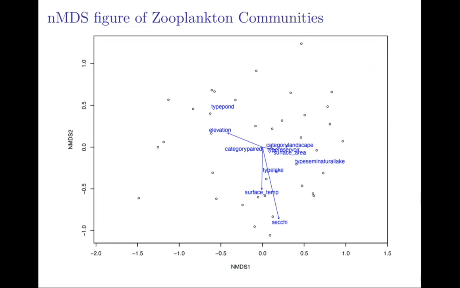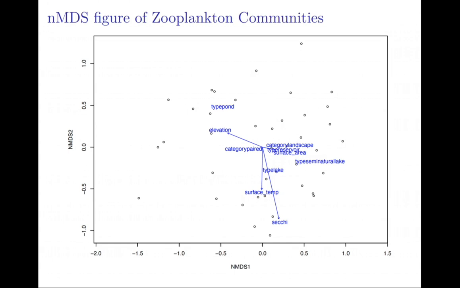And so when we were talking about nMDS, we created a figure of these zooplankton communities. Each point represents a sampled waterway of some kind, some sort of water sample, and in each sample the abundance of different zooplankton species was calculated and measured.